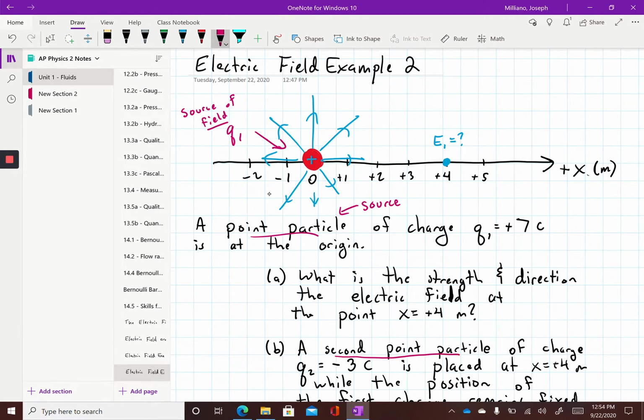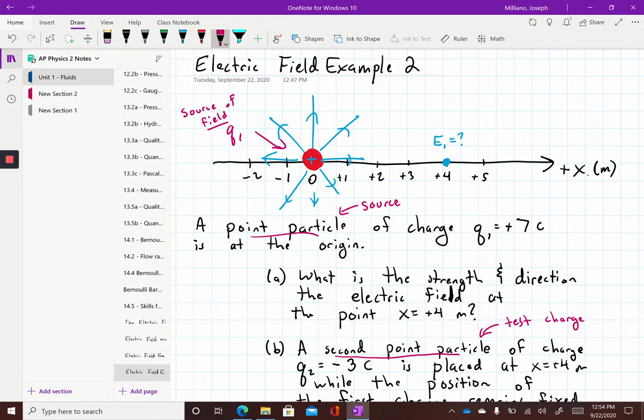Then the second point particle, for our purposes, is the test charge, because it's the one that's being brought into the field of the first one. We could probably reverse the roles, where this second charge is our source and we compute its electric field, and then we bring the first point particle into that field, but that's not what we're doing here.